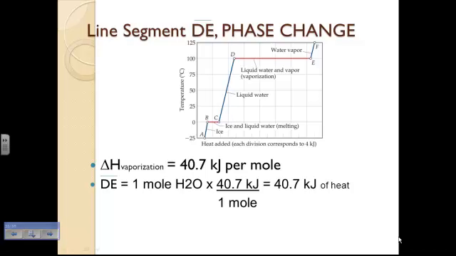And since our story problem gave us 1 mole of water, line segment DE can be easily calculated. Write down this part on your paper. Line segment DE will be equal to 1 mole of water times 40.7 kJs set over 1 mole. And very easily we can calculate 40.7 kJs of heat will move us from point D to point E on our graph.